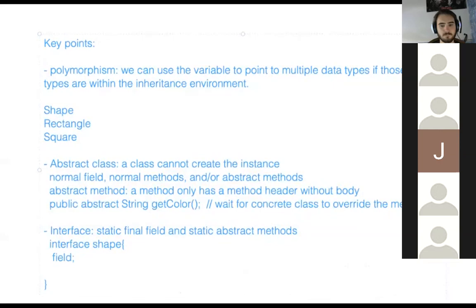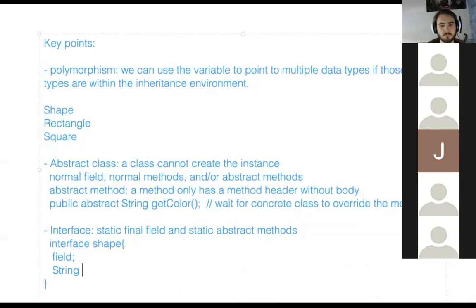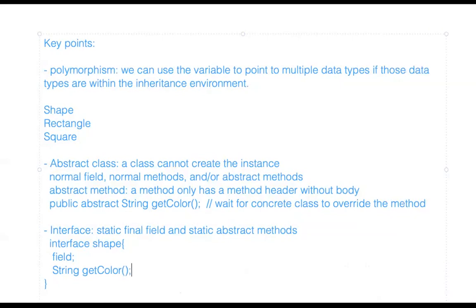You can only put methods. These methods are abstract methods, although you don't declare them as abstract. You don't need to say abstract because every method is abstract, so you can eliminate the abstract keyword. So this is the interface.